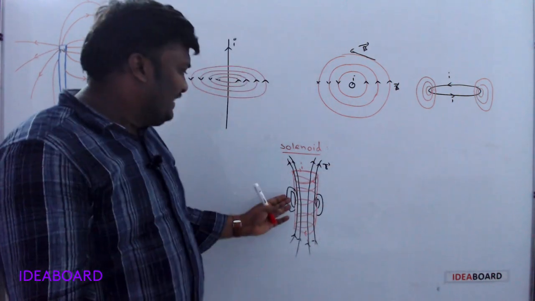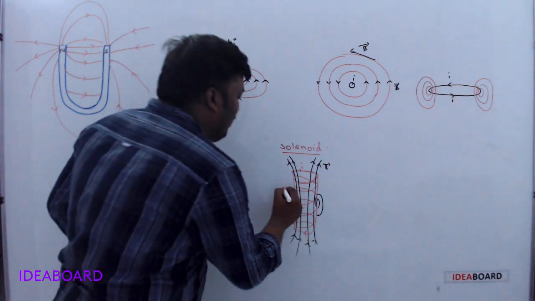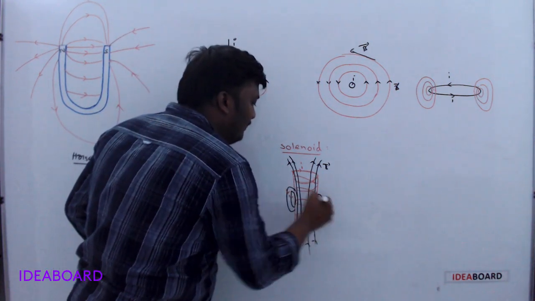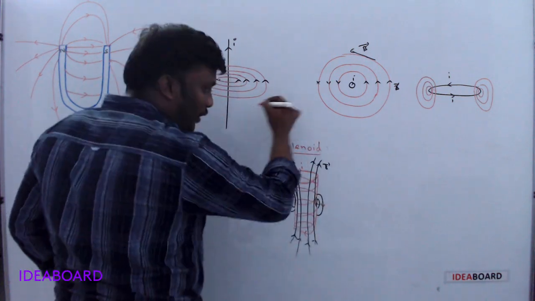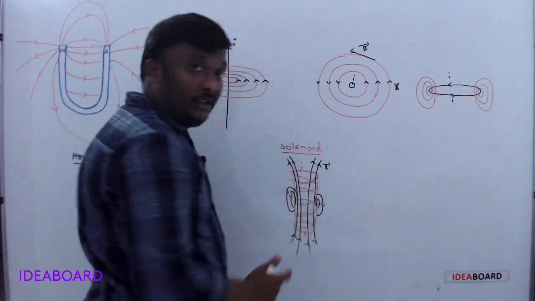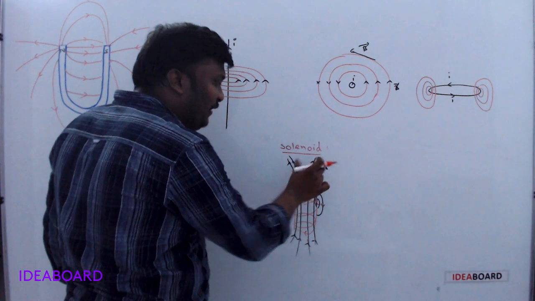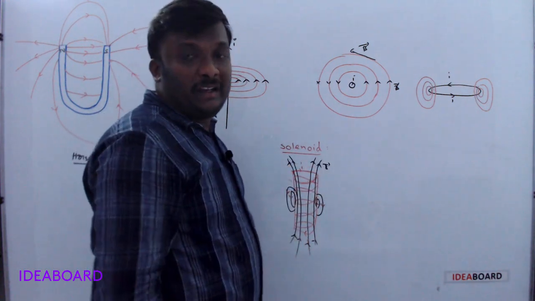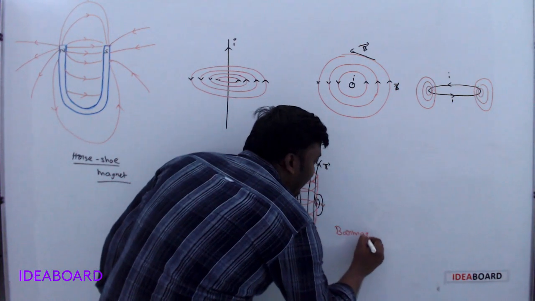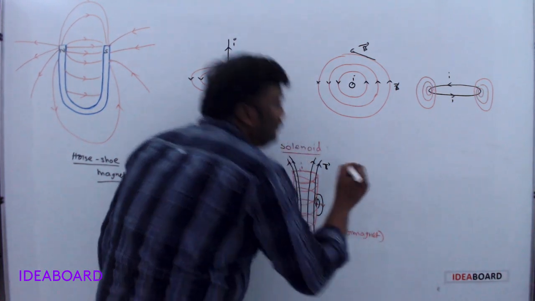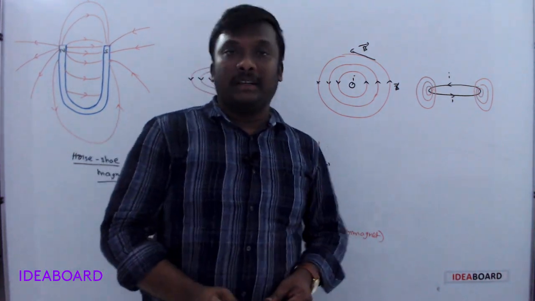Understand? This is similar to the bar magnet. Check, from north to south, north to south. So it is like a bar magnet. The magnetic field produced by the solenoid behaves like a bar magnet. Always keep this in mind.